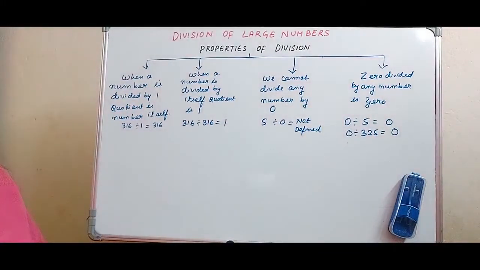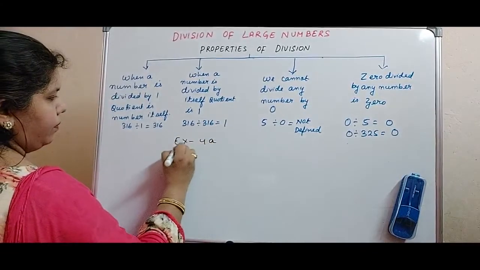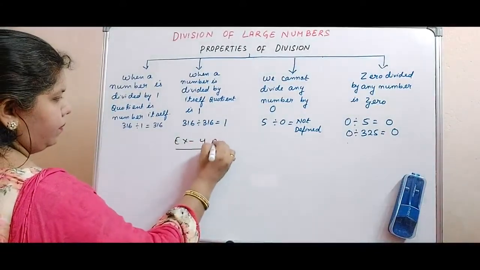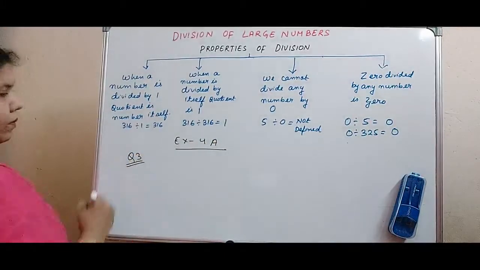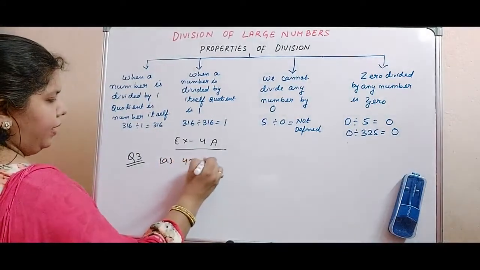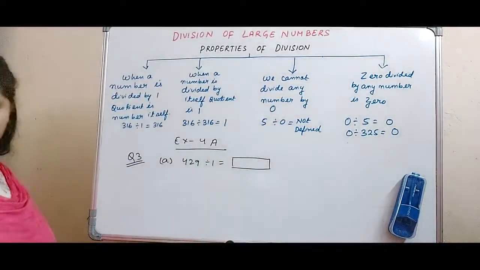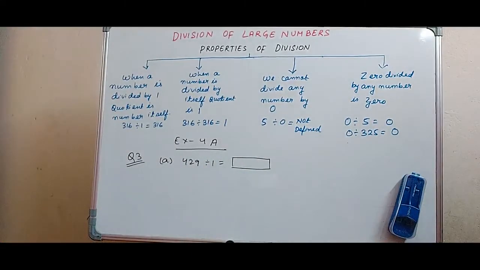Based on these 4 properties, from exercise 4a, let us solve question number 3. In question number 3, look at bit A. The question is 429 divided by 1 equal to dash.